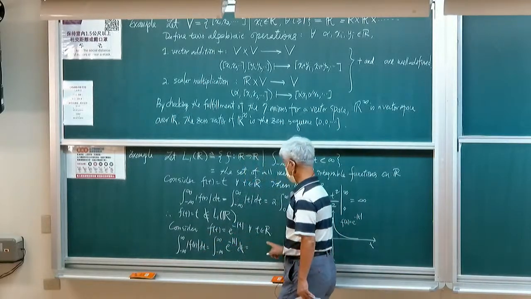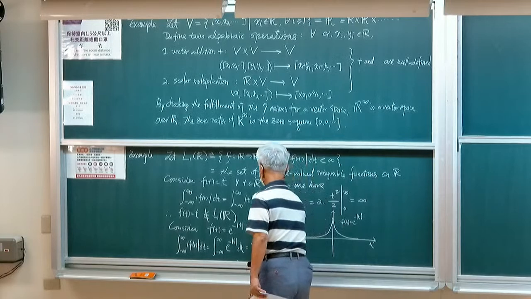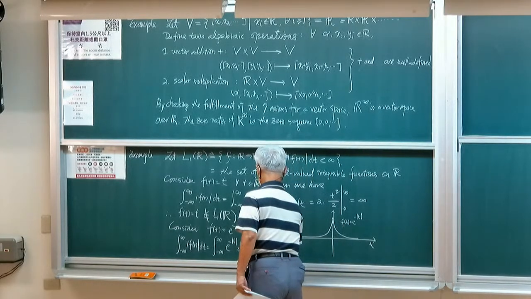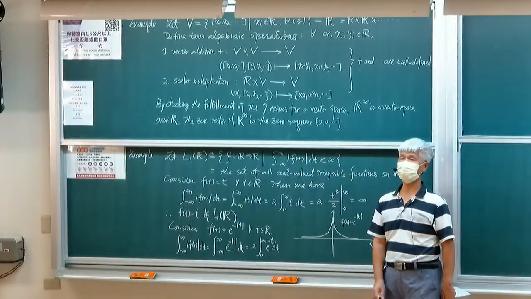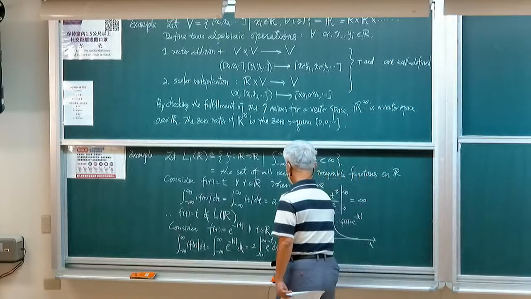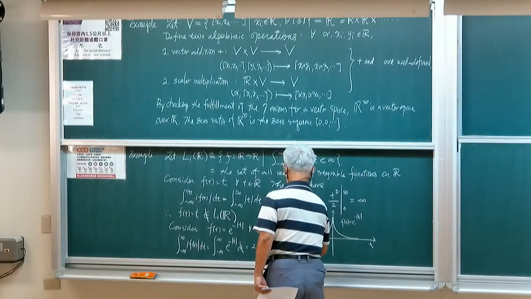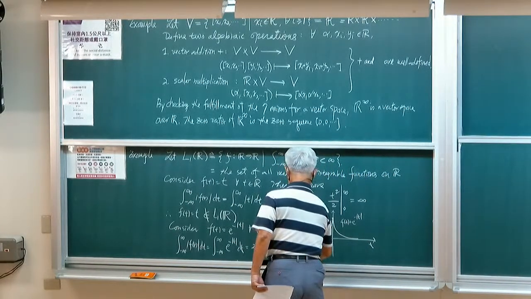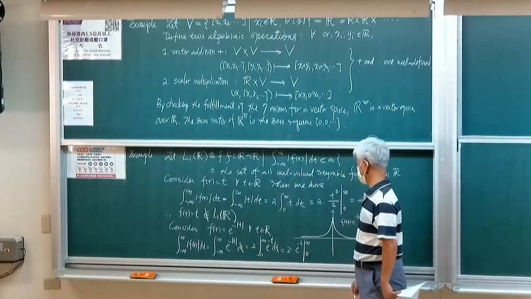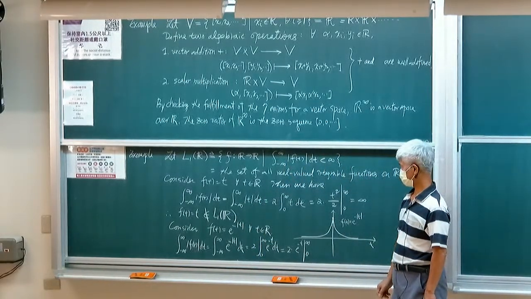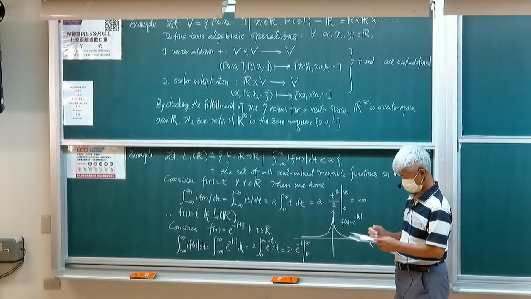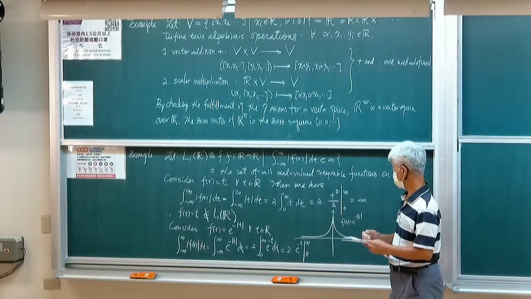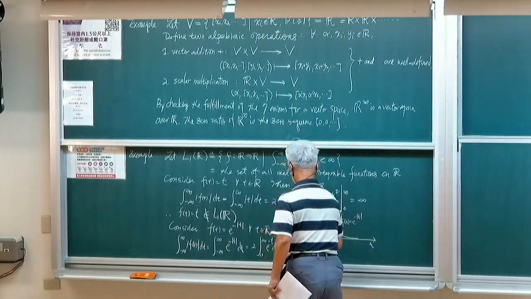And by the even symmetry, this is 2 times the integral from 0 to infinity of e^(-t) dt. By the antiderivative, this is minus e^(-t) evaluated from 0 to infinity. Oh, I'm sorry, I forgot to put a minus here.